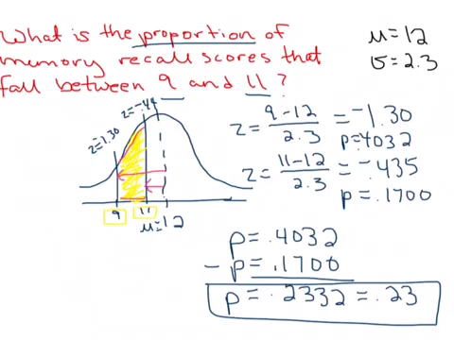Now, I've wrapped up how to find proportion using raw scores and z-scores. You're going to practice with your homework. Make sure for your homework problems, anytime you're dealing with probability, proportion, or percentile rank within a distribution, you need to draw it to determine it.